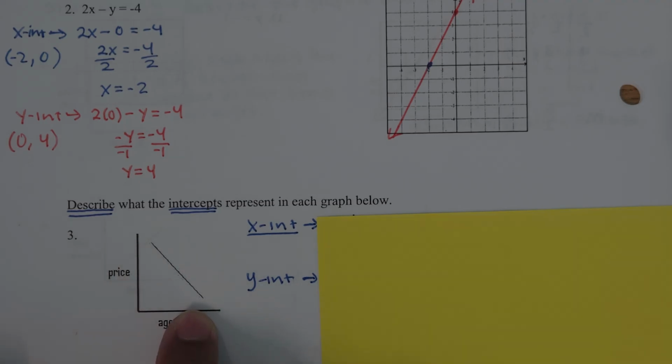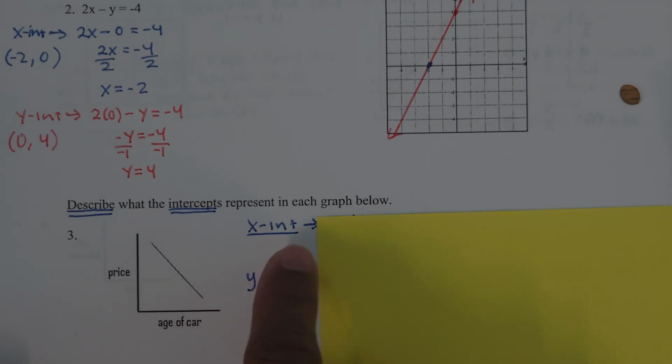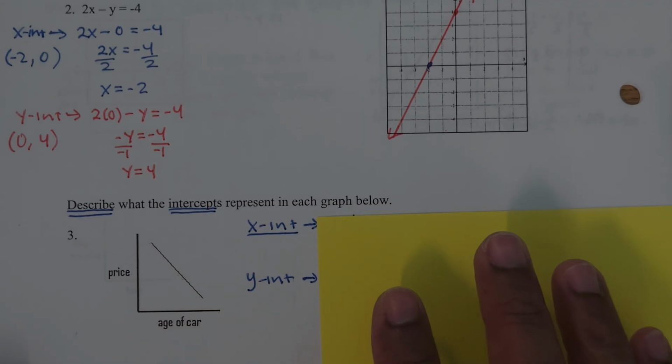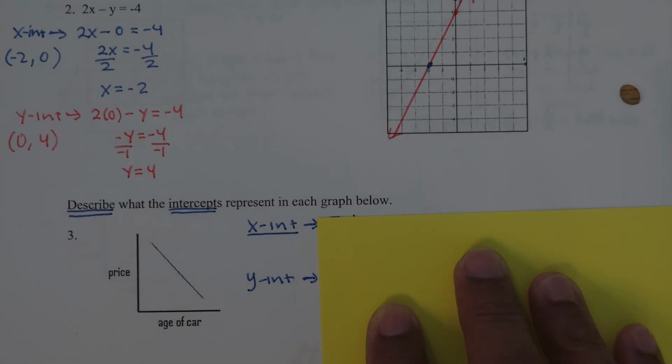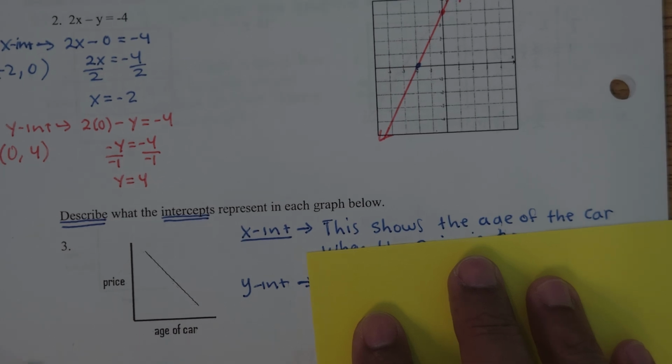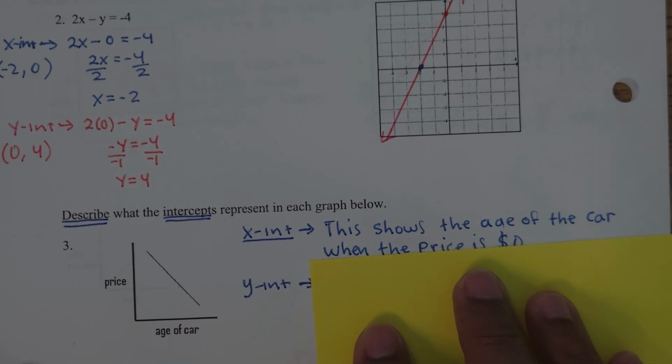So the question is, what does the x-intercept represent about the car, about this information? Okay, so then what it means is it shows the age of the car when the price is 0. So once this graph hits the x-axis, that means the value of y is 0, which is what y represents. So y represents the price. So when the car is very old, the price is going to be 0.